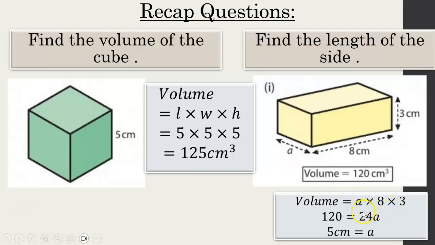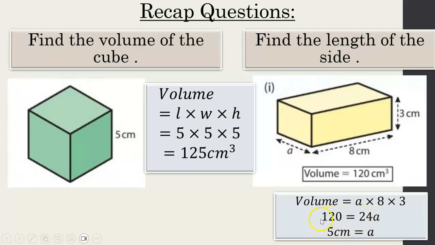Going back to your algebra, A by 8 by 3, I can multiply the 8 and the 3. So that's 24A, because remember, we can write 24A as the same thing as 24 multiplied by A. It's equal to the volume, which is 120. So 120 is equal to 24 multiplied by A. How am I going to find what A is?